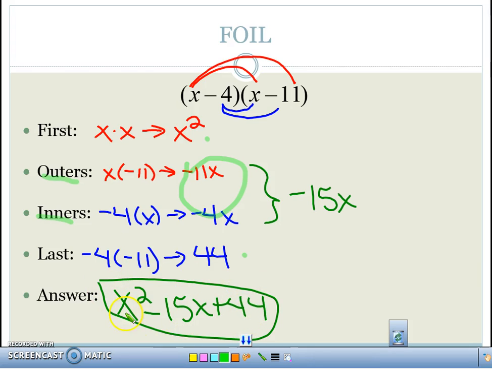And your answer is a trinomial, 3 terms. So basically you take this, multiply to this, multiply to that. You take negative 4, multiply to here, multiply to here, and you just write it down and always combine like terms, the middle part, outers with inners. And then you just rewrite the answer as a trinomial.